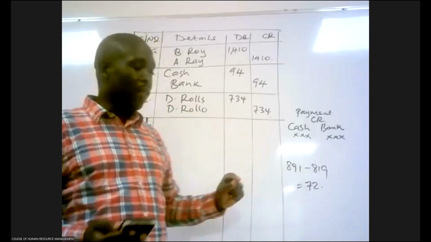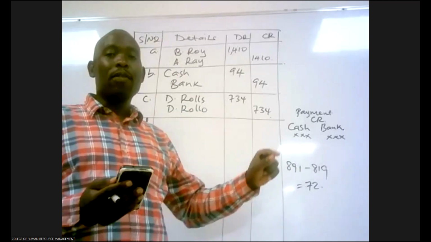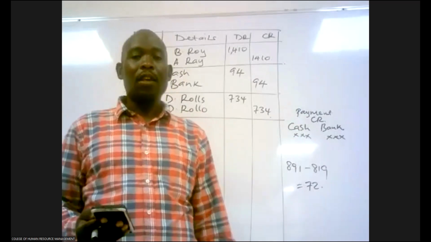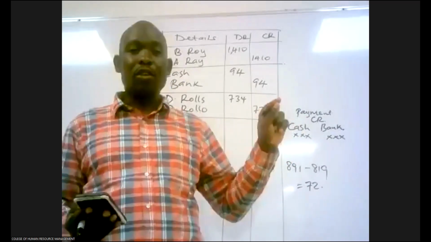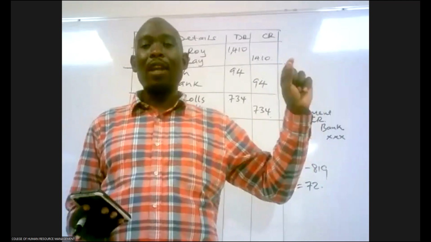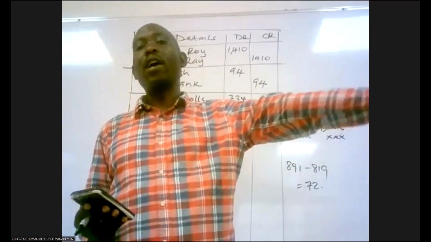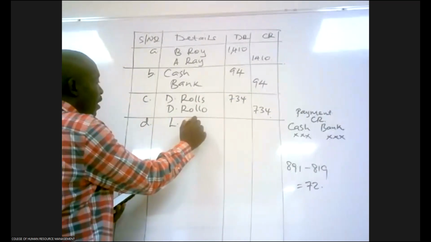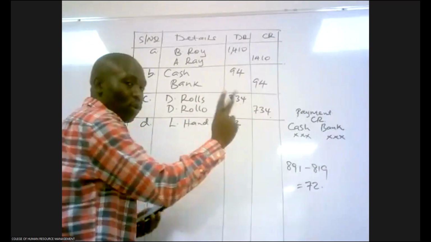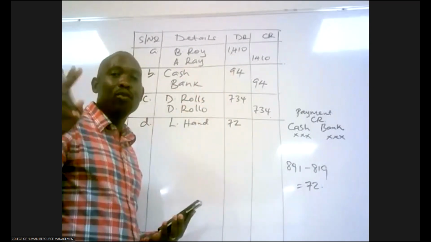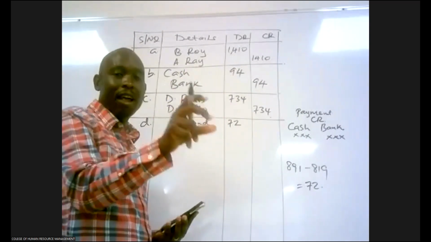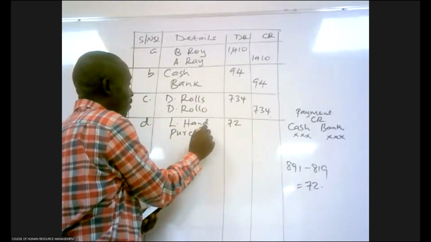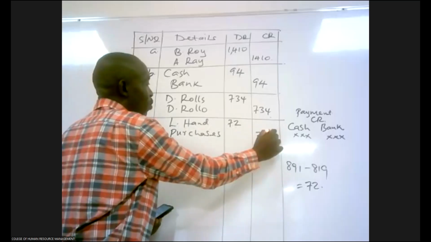Then the other person who is L hand, who is the supplier, was credited by 72 extra. To reverse that 72 from the credit, we shall debit L hand by 72. Note why we are debiting. We are debiting to reverse the extra, which is 72.